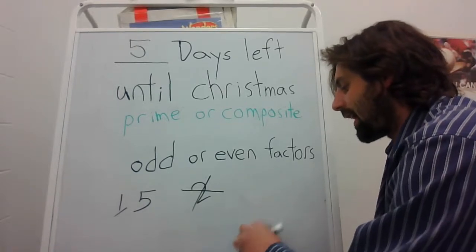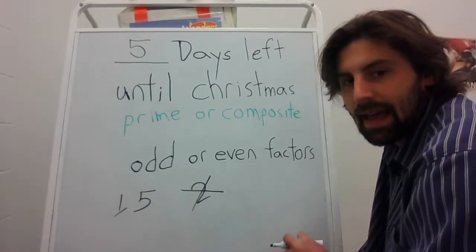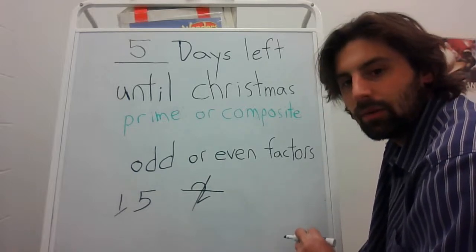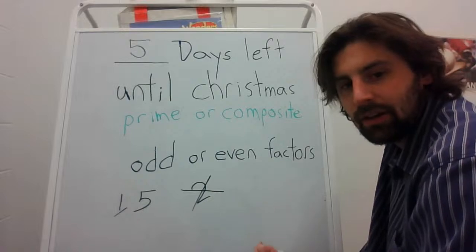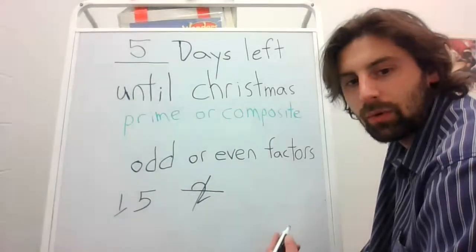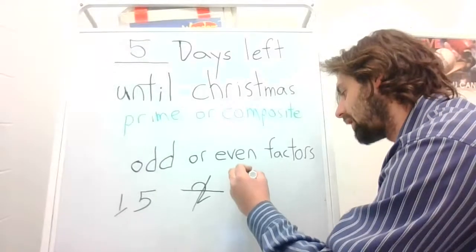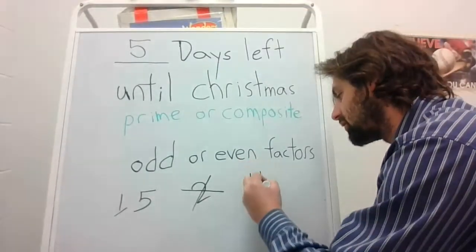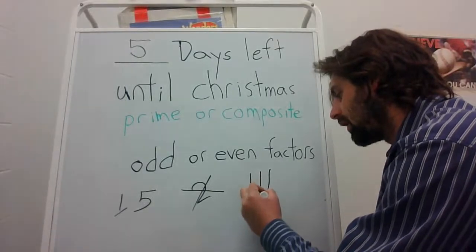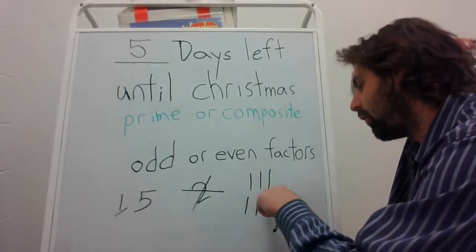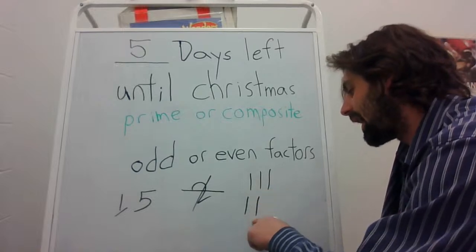Now I'm going to make 5 tallies in rows of 3. If I can get an equal number of rows of 3 within the number 5, then 3 would be a factor. If I can't get equal groups of 3 within the number 5, then 3 would not be a factor. So let's see. 1, 2, 3, 4, 5. I have one group of 3, and then another group of 2.